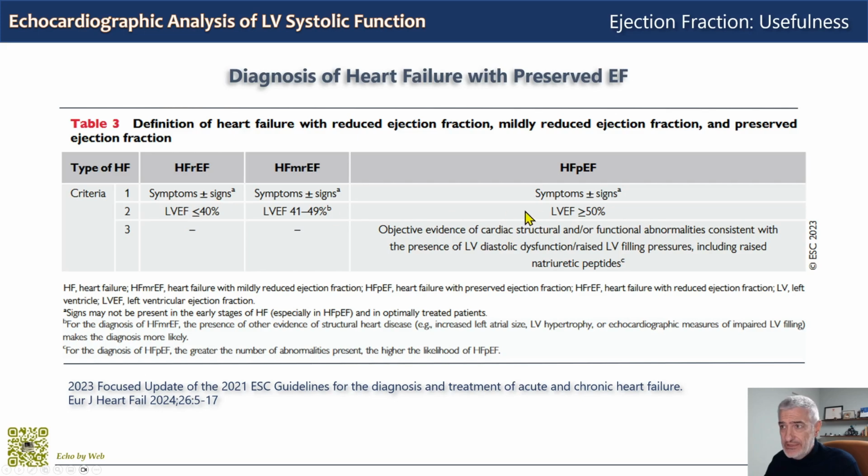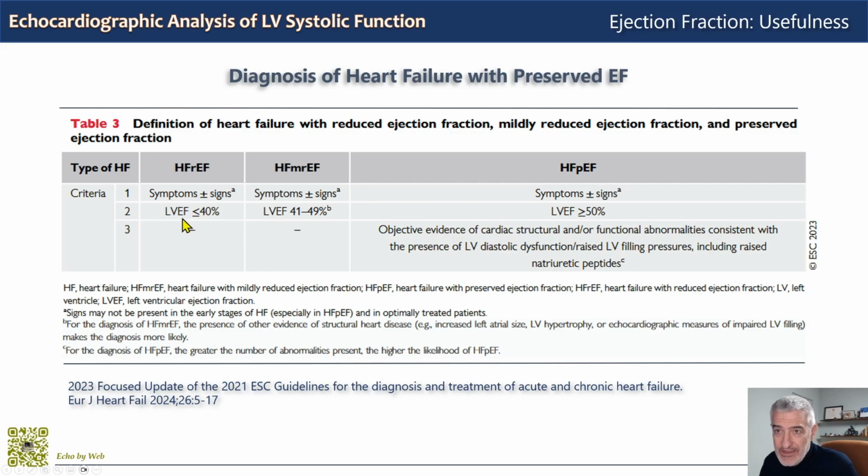And you see here that it is crucial to differentiate ejection fraction with these cutoffs. Reduced ejection fraction means that ejection fraction is 40 or less than 40%. The phenotype with mildly reduced ejection fraction you measure between 41 and 49, and with preserved ejection fraction, the ejection fraction must be 50 or more than 50.